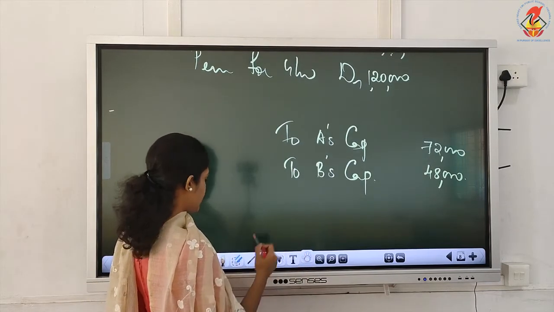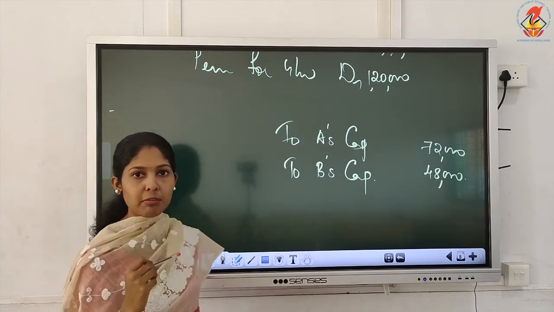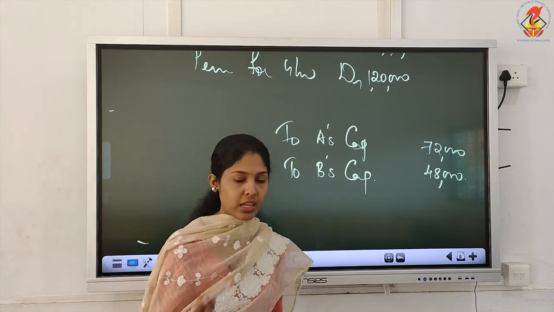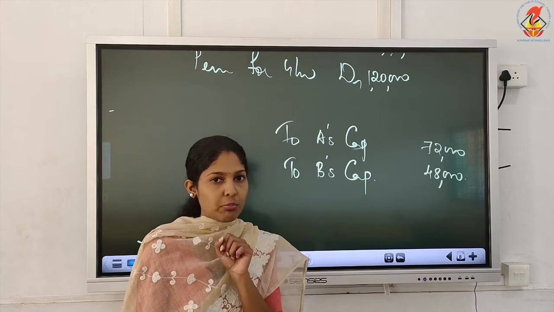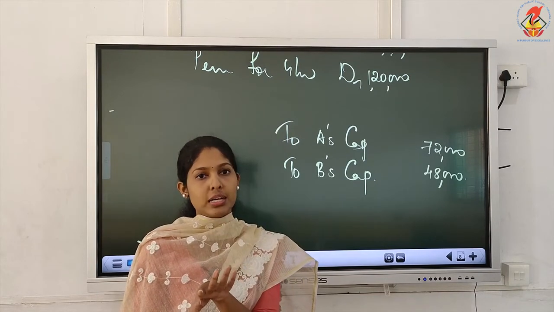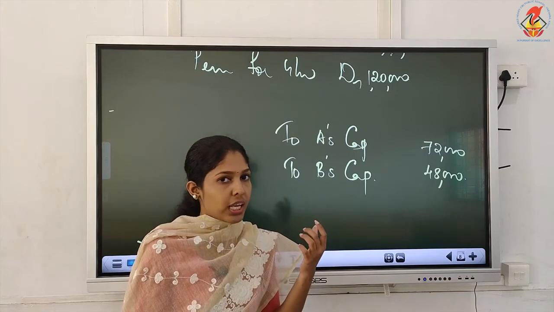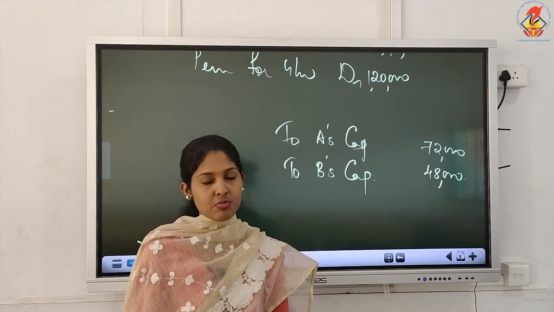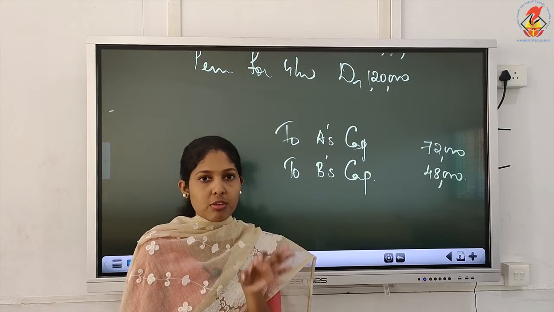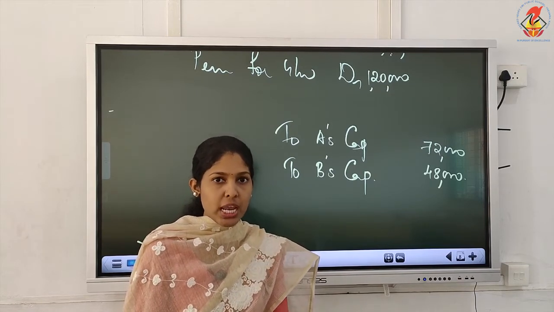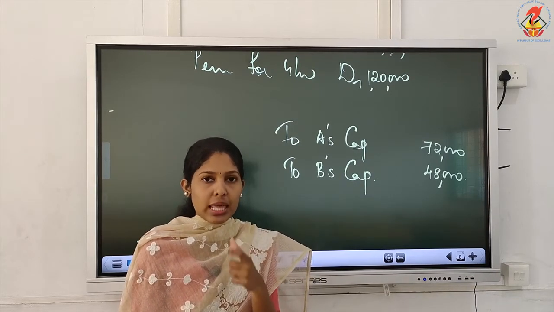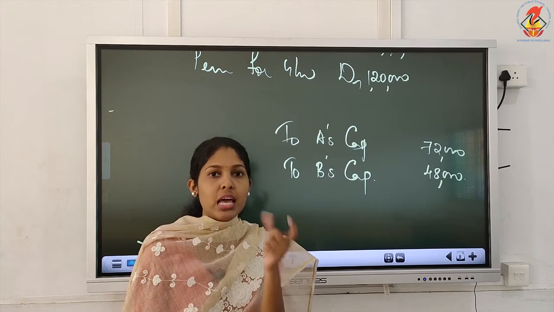Then there is an unpaid share. What did we discuss for the unpaid share? We have to debit the new partner's capital account. And that time I told you one more thing: you can debit the new partner's capital or current account. Current account we are writing not because there is fixed capital. Here there is no fixed capital, nothing is mentioned. But whenever there is an unpaid share, or whenever he is unable to bring his share, you can debit the new partner's current account.